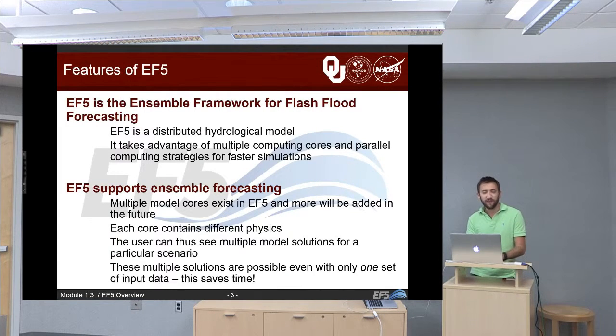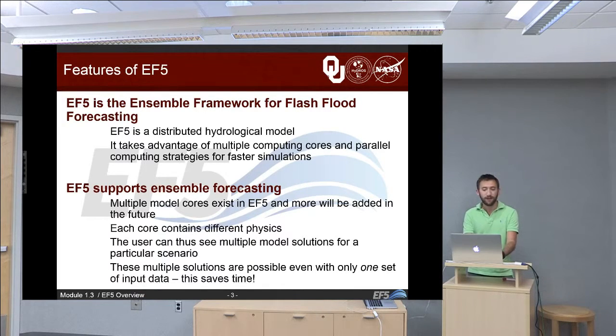So let's talk about some features of EF5, and let's also review what we already know about EF5 from the first two modules. Again, EF5 stands for the Ensemble Framework for Flash Flood Forecasting. It's a distributed hydrological model that takes advantage of multiple computing cores, parallel computing strategies, and other modern technologies in order to produce faster simulations.